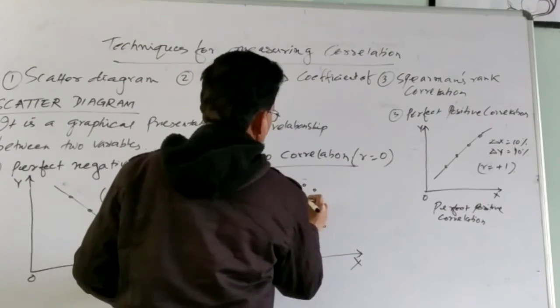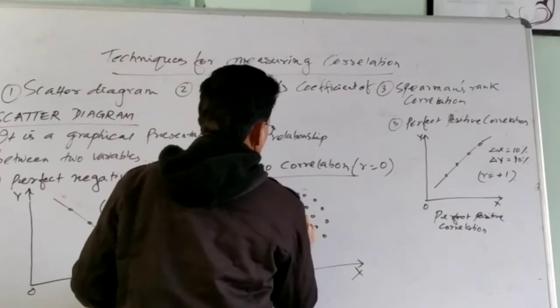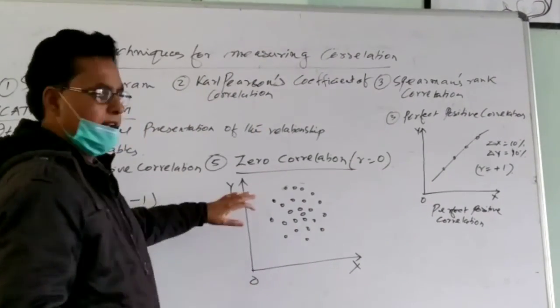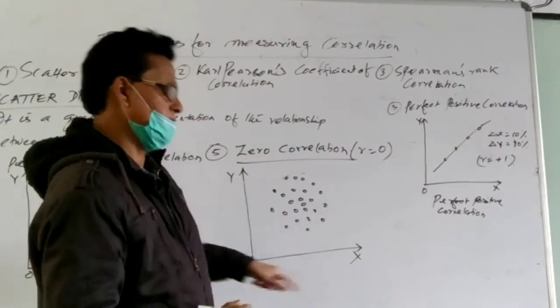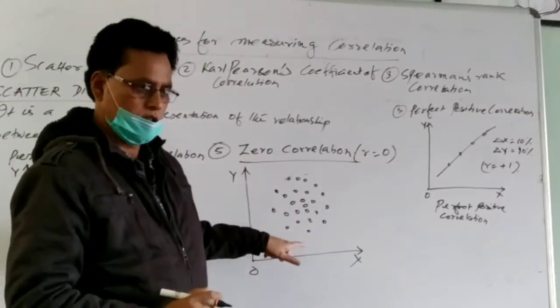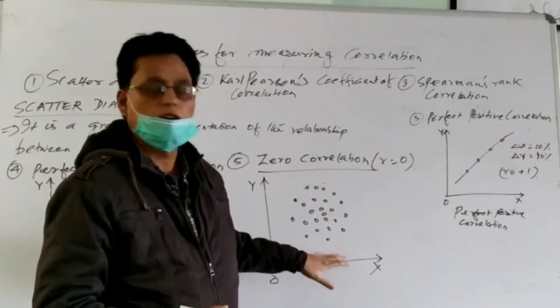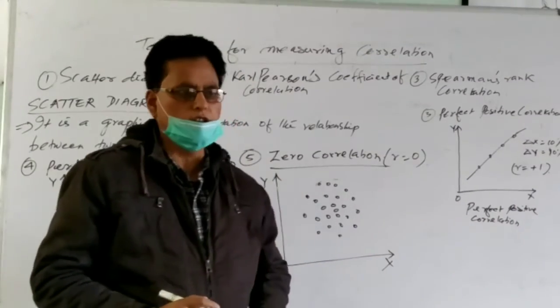If we plot on a graph paper and the dots are clustered in such a situation, then we can say there is zero correlation.